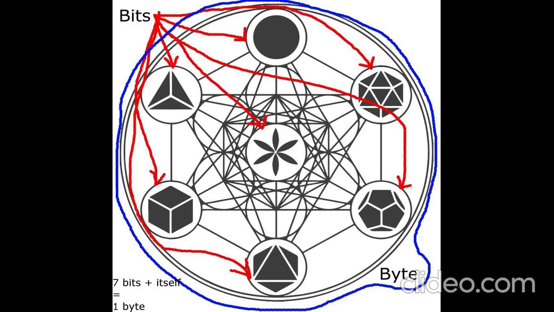So this diagram of Metatron's cube is explaining a process to facilitate or create space, pi, P-I, okay?